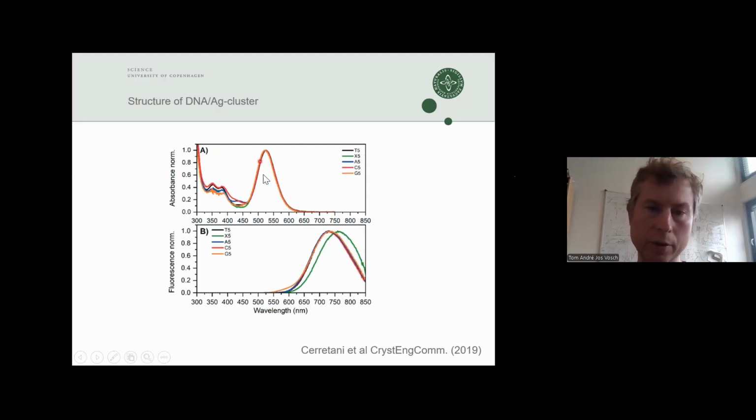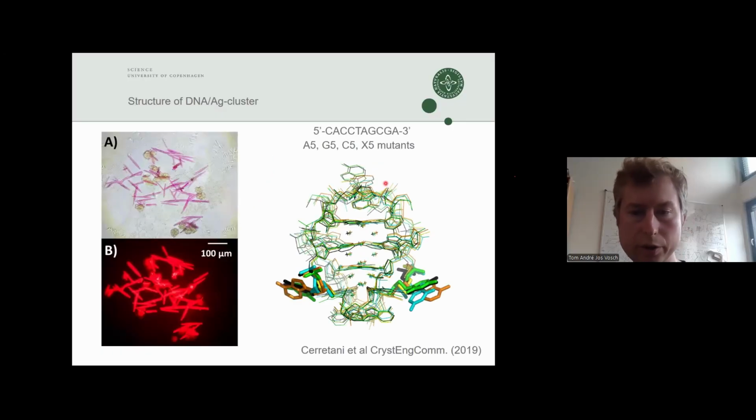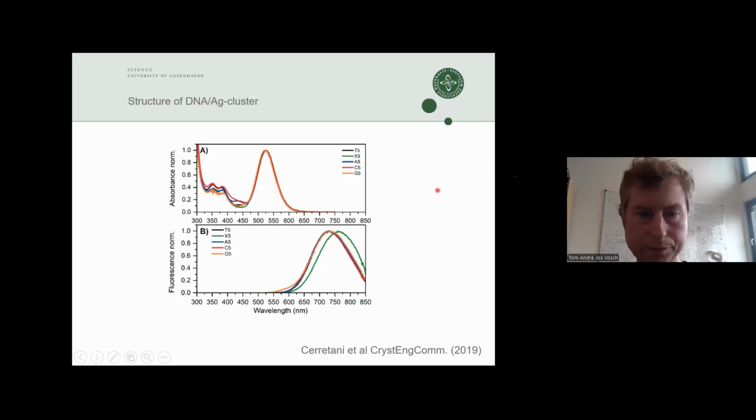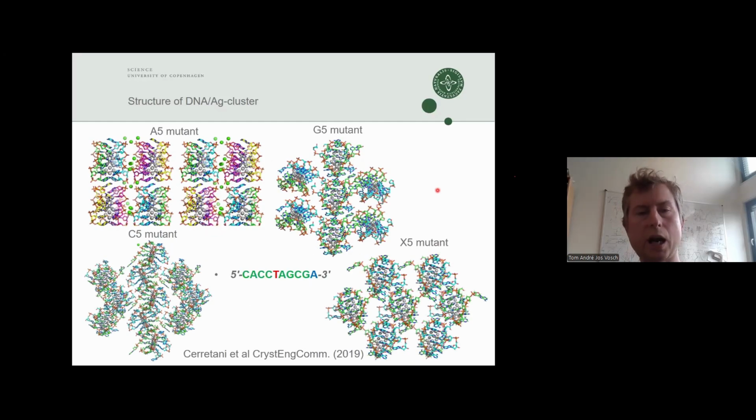And so the main absorption looks very identical. And then there are minor shifts in the fluorescence, but overall, this indicates, as you can also see from the structure determined from single crystal X-ray diffraction, that the structure is fairly similar. The only thing that is different is how they pack in the crystalline phase.